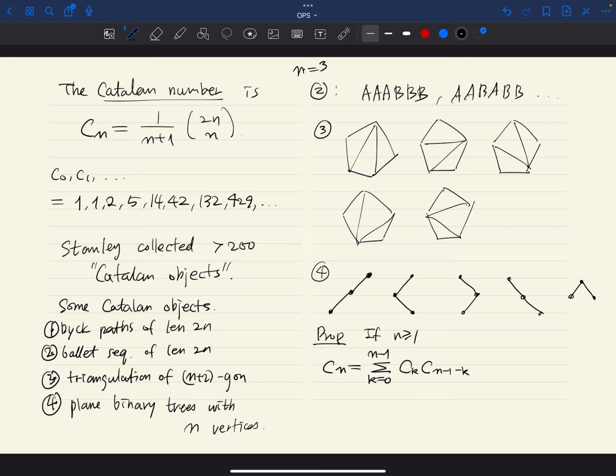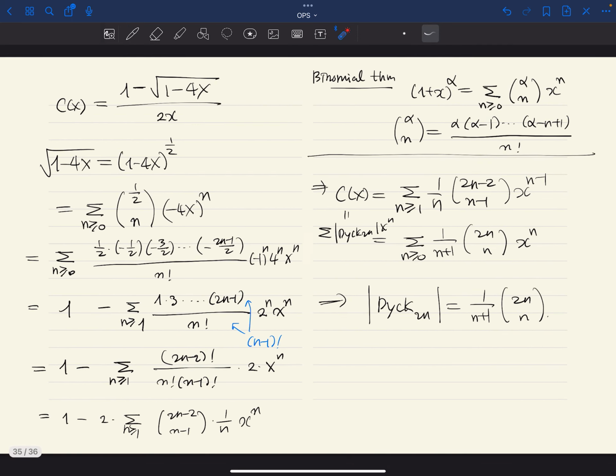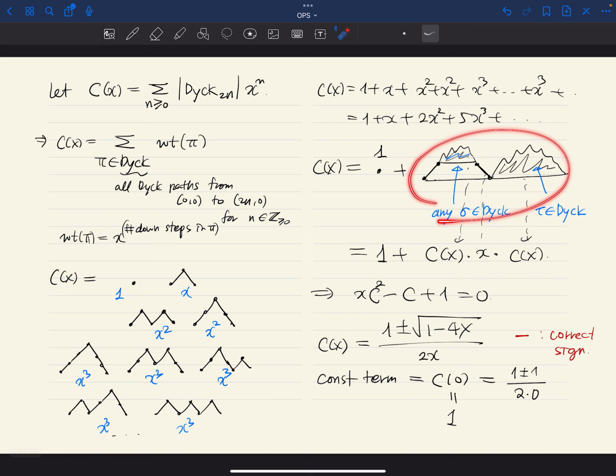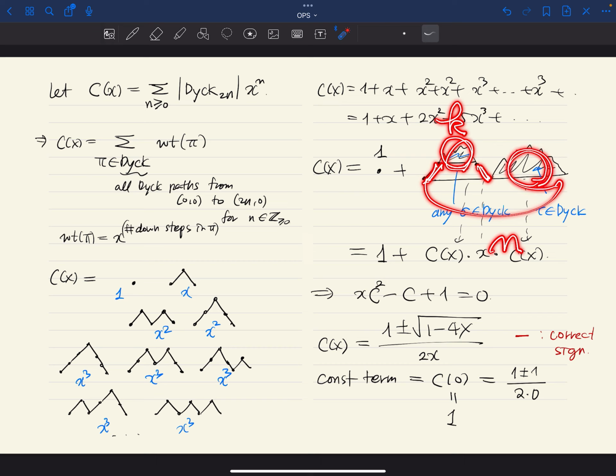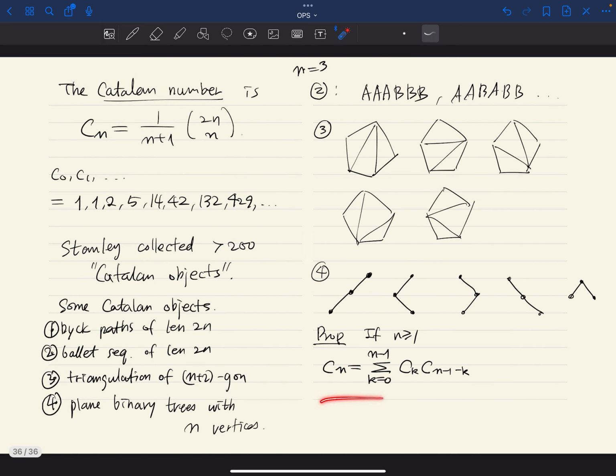And this can actually be proved using the decomposition that we have over here. If this is length n, you can decompose it into 2 parts like this. If this has length 2k, then this will have length n minus 1 minus k. That's why we have that Catalan recurrence.